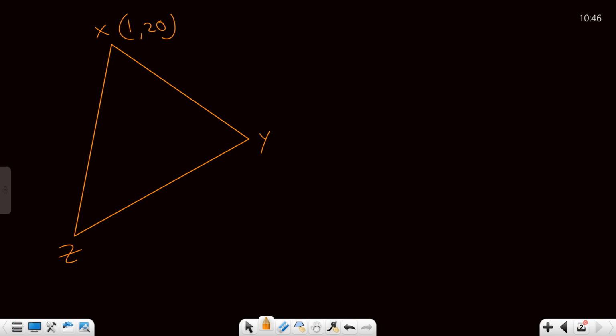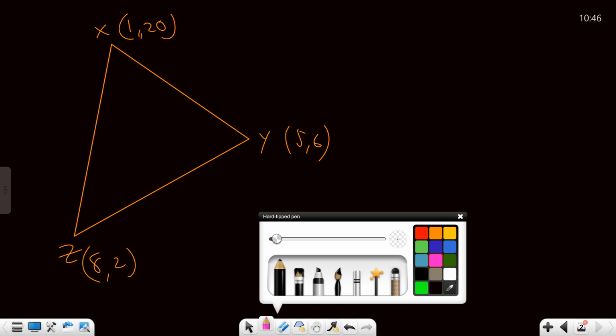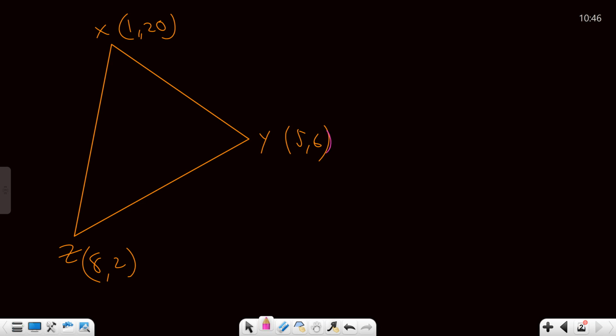Wait, hold on. 1, 2, 0, 5, 5, 6, 6. 8, 2. And then we'll call the centroid C. Okay, where's the centroid? In the middle. Good. That does answer my question. Let me rephrase my question. What are the coordinates of the centroid of triangle XYZ?